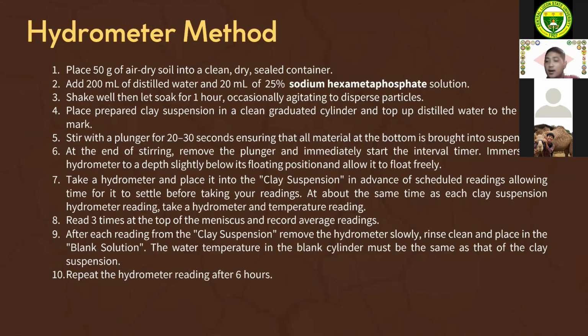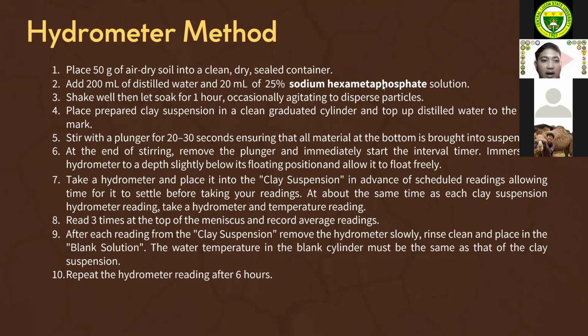So this is the more detailed steps or procedure sa hydrometer method. So may naaalala kayo, di ba, na ginamit nating specific solution sa pagkuha ng texture, yung ating tinatawag na sodium hexametaphosphate or yung Calgon solution.